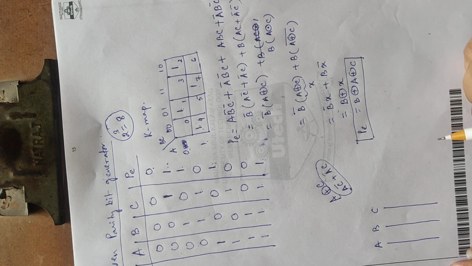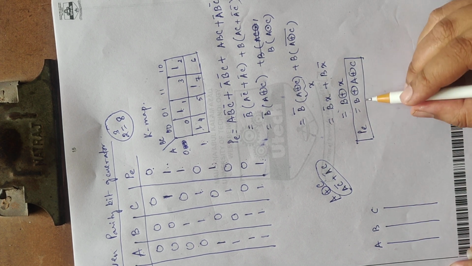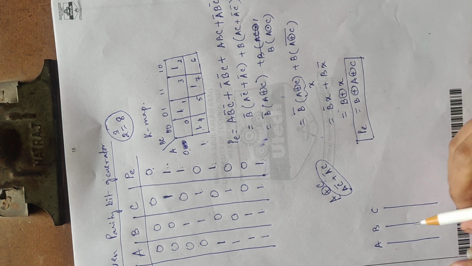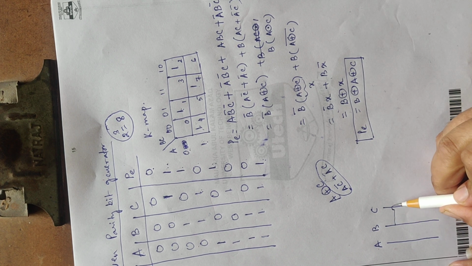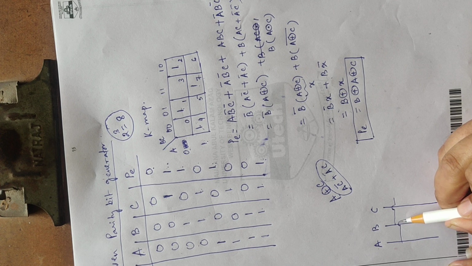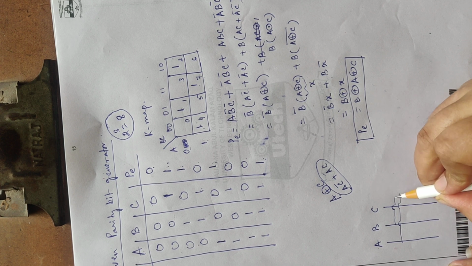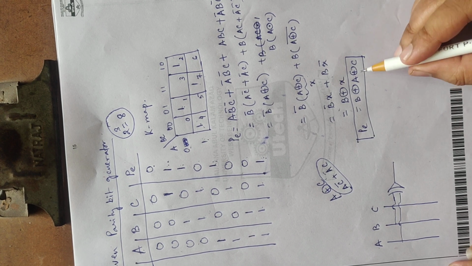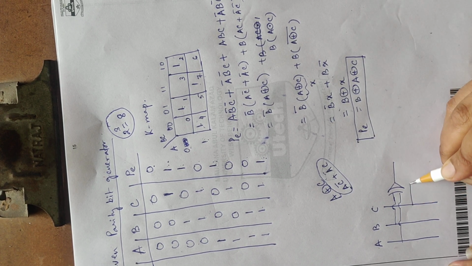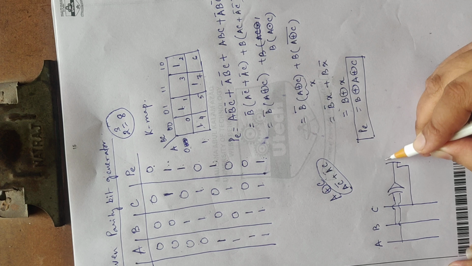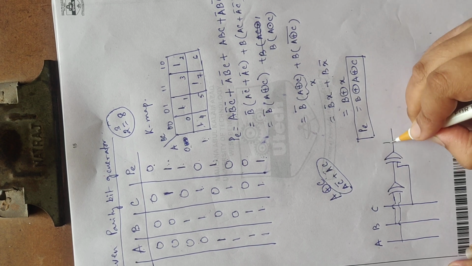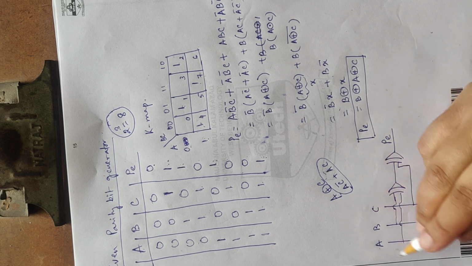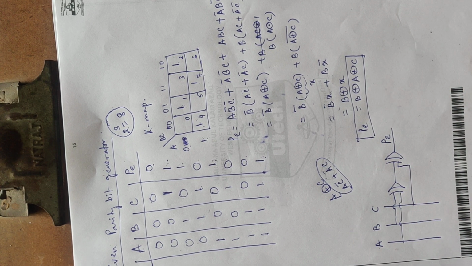A XOR C. So if I consider B XOR A XOR C, we'll have B XOR A, and that is XORed with C. So this is the logic circuit diagram for my even parity bit.